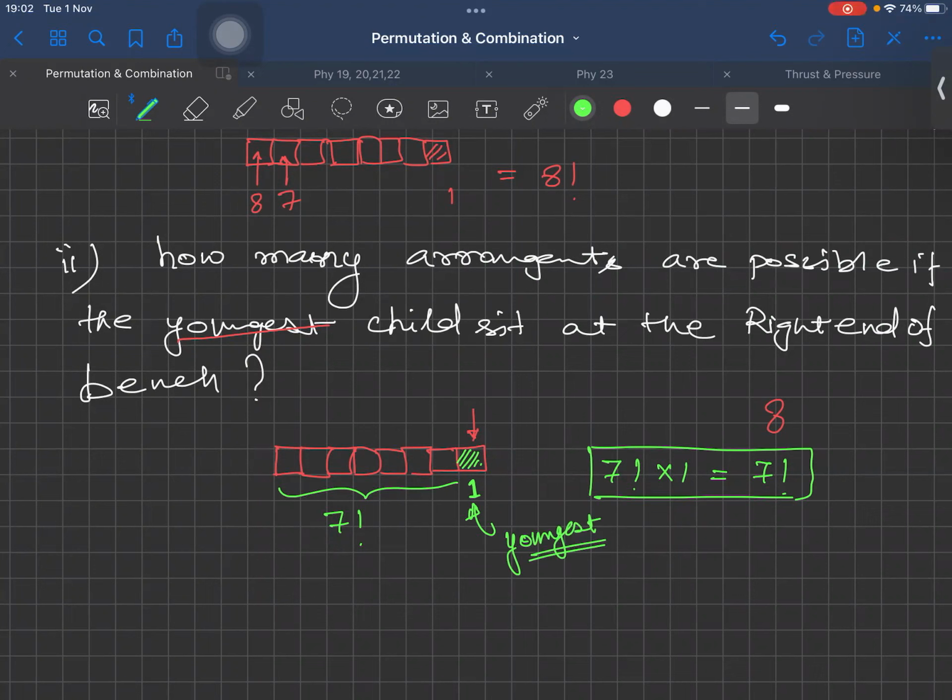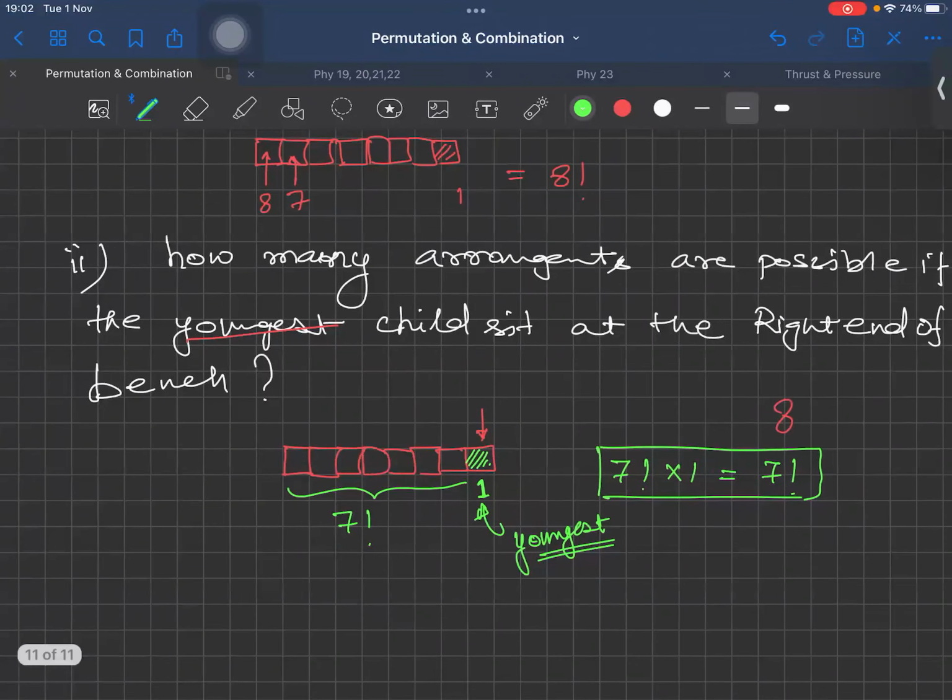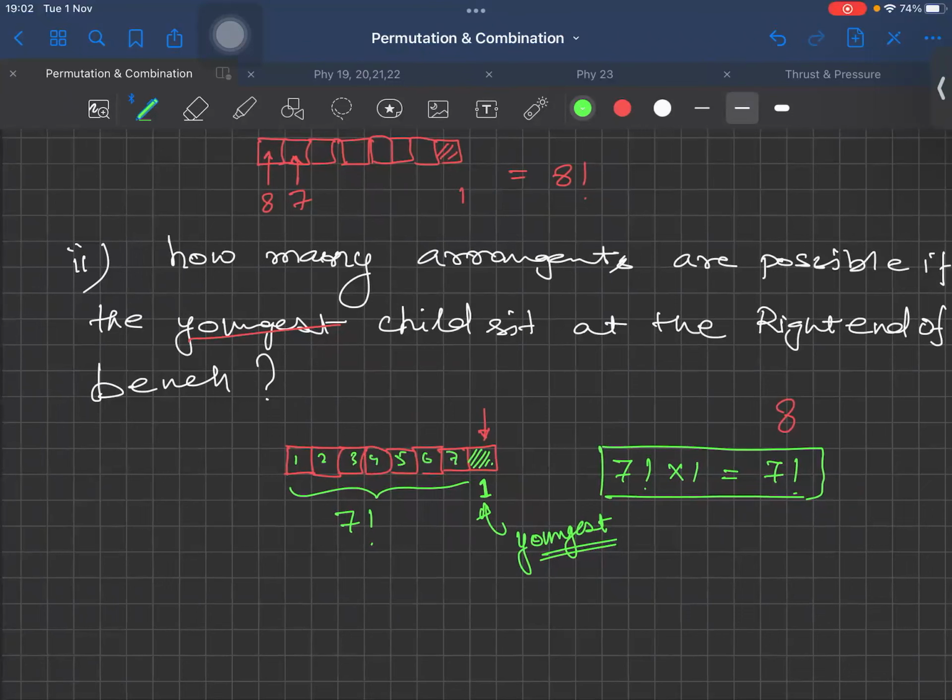Youngest means only one can be youngest, right? So once the youngest one has occupied it, there are 7 other seats vacant: 1, 2, 3, 4, 5, 6, 7. And in these 7 seats, the 7 children can be arranged in 7 factorial ways, right? So that's why it is 7 factorial. Okay, very good. Anybody is having doubt here?